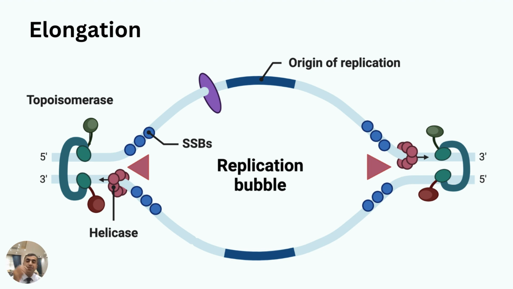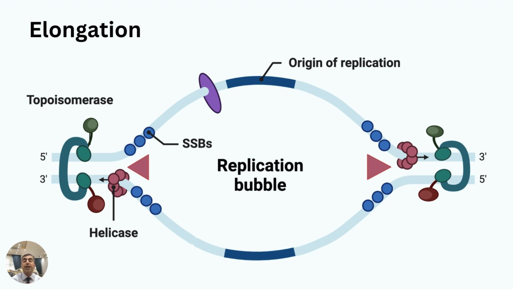So we have a second protein, which gives stability and protects these two separated strands from rebinding, and it's called SSB protein, single strand binding protein. Firstly, it binds with the separated strands and protects them from rejoining.